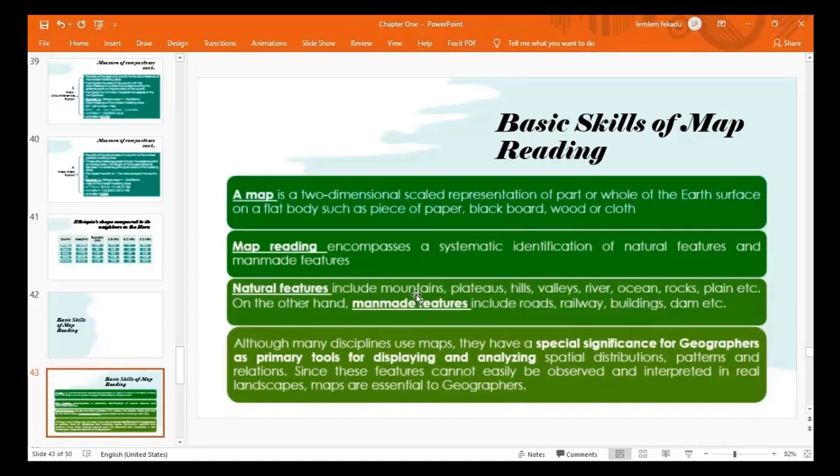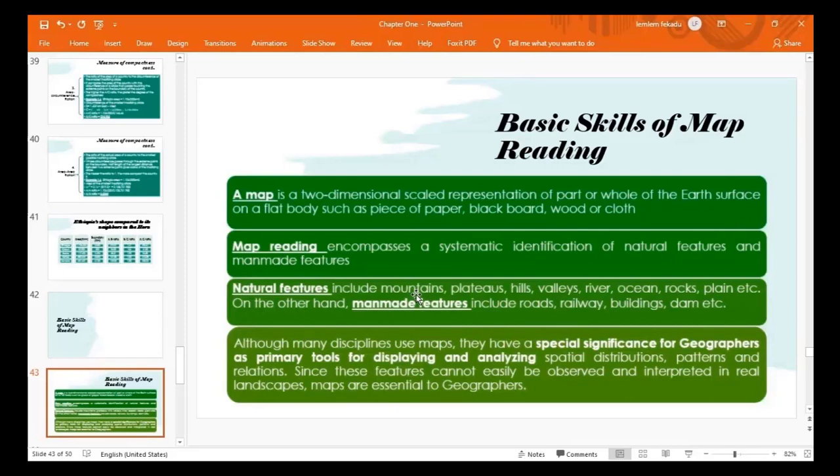A map is a two-dimensional scale representation of a part or whole of the Earth's surface on a flat body, such as a piece of paper, blackboard, wood, or cloth.